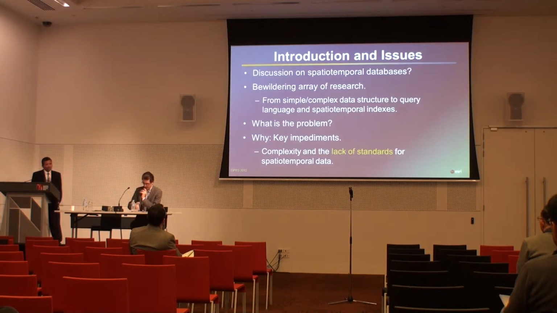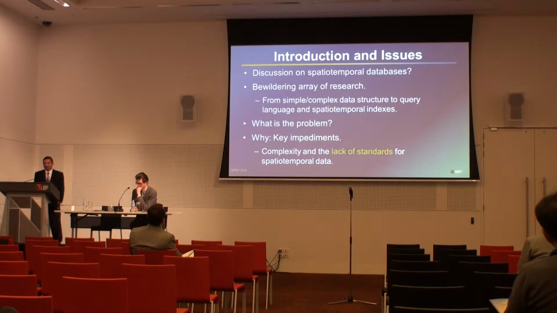So discussion on spatial temporal data type is not new. We have seen in the last 2 decades that a lot of work has been done, starting from simple to complex data modeling, query languages and spatial temporal indexes. So we have seen Lagrange's work on space-time composite, and then Worboys' work, space-time cube and cell topologies, spatial temporal data models.